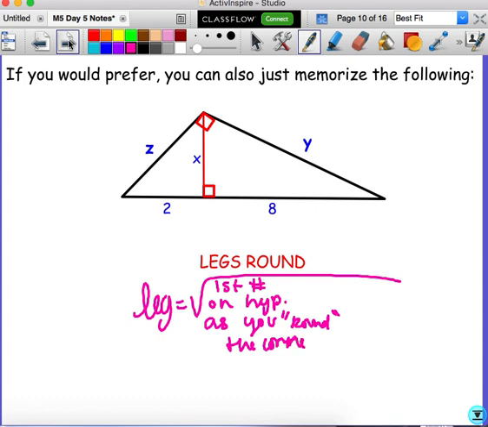And I know that's a little bit strange, so we'll talk about what that means. So the first number on the hypotenuse as you round the corner times the total of the hypotenuse.